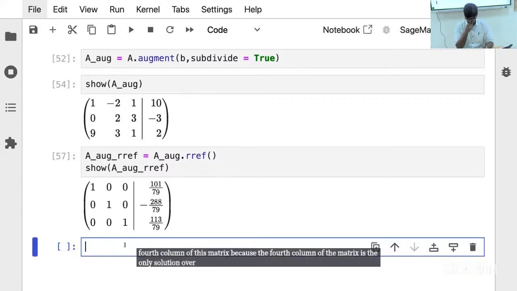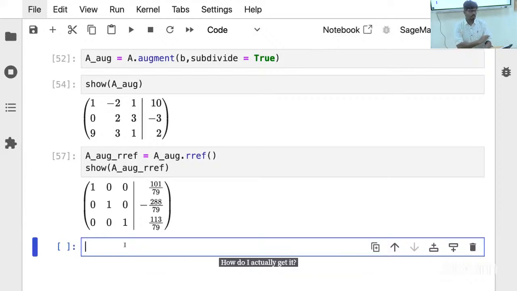So how do I actually get it? Now in Python, in general, the index starts from 0. Therefore, the first column is typically called the 0th column, and then 1, 2, and 3. So whatever the fourth column is right now is, in the Python sense, the third column, correct?